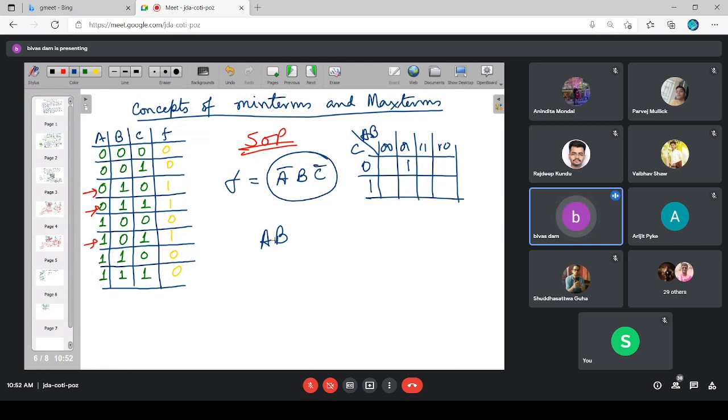Due to this product term AB, how many cells in the Karnaugh map will get occupied by 1? 2. What are those cells? 1, 1, 0 and 1, 1, 1. Yes.